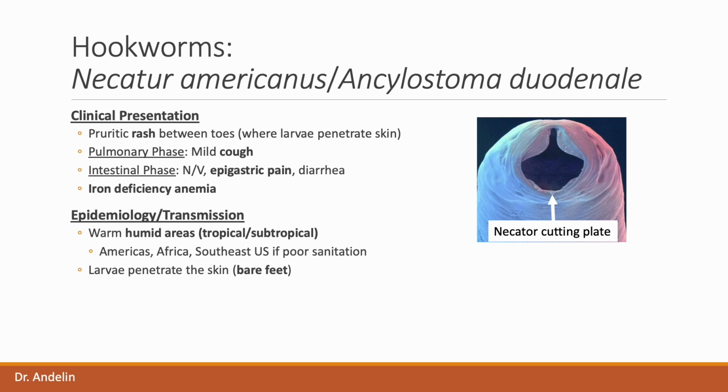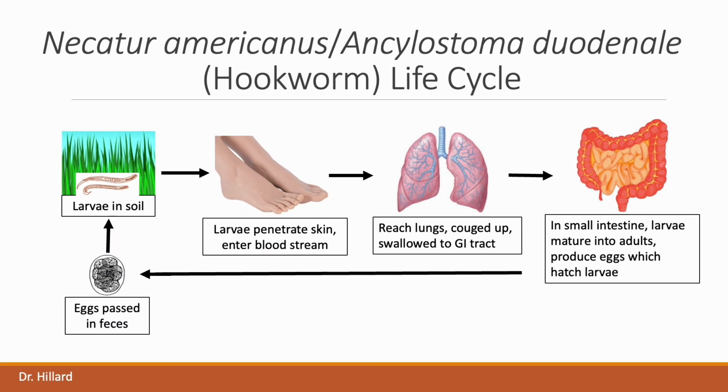Note the transmission of the hookworms occurs through the larva penetrating the skin, typically on bare feet. Hookworm species Necator americanus and Ancylostoma duodenale both have the same life cycle and differ from Ascaris in that they initially infect via larvae in the soil, which penetrate the skin to gain access to the bloodstream and ultimately end up in the lungs, where they are coughed up and able to reach the small intestine when swallowed, where they pass eggs into the soil to complete the life cycle.